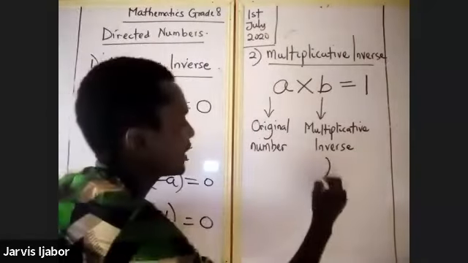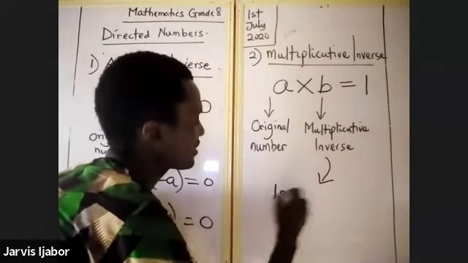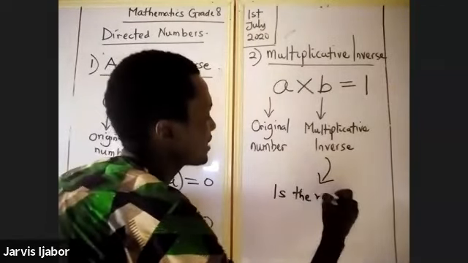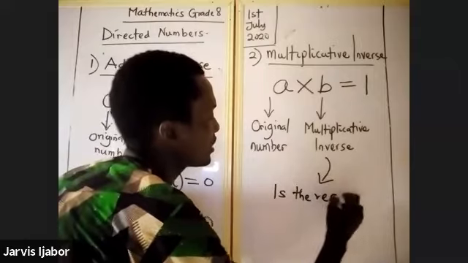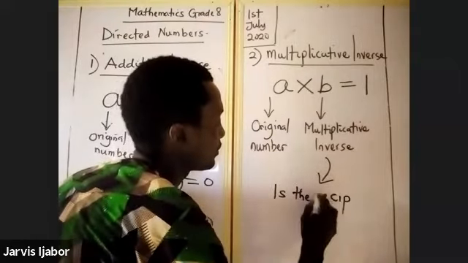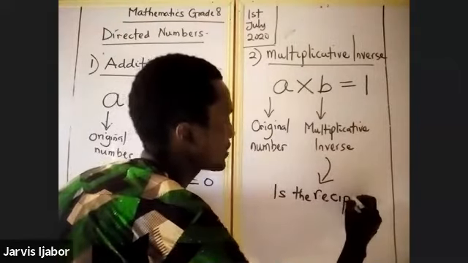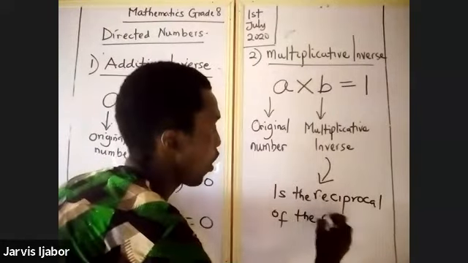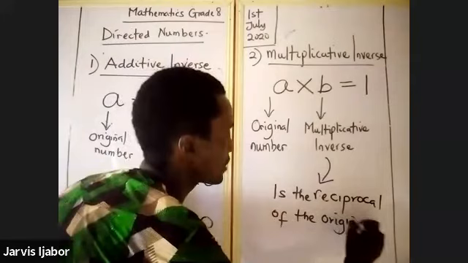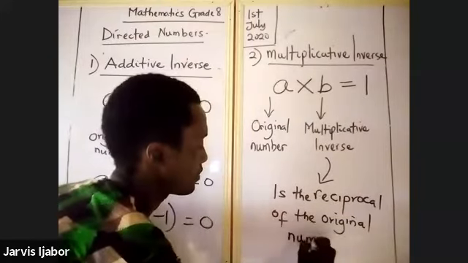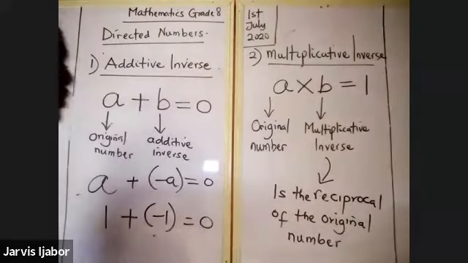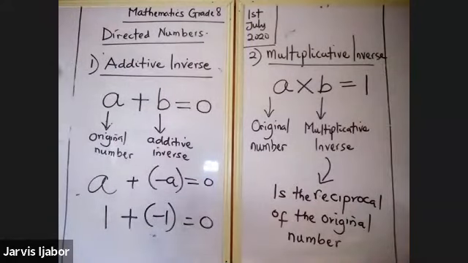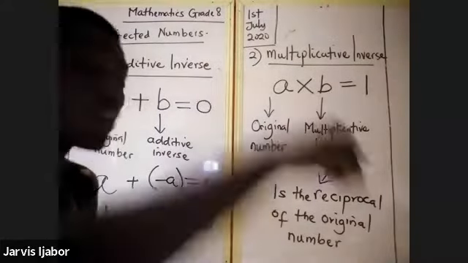So the multiplicative inverse is the reciprocal of the original number.